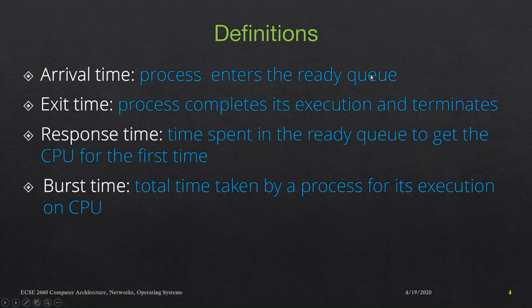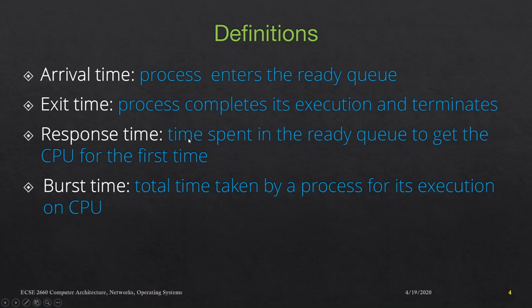And ready queue is the state ready that we looked at in the previous process state diagram. So the time at which it enters the ready queue is called the arrival time. The exit time, on the other hand, is the time at which a process completes its execution and terminates. So that's when the process goes to the terminated state.